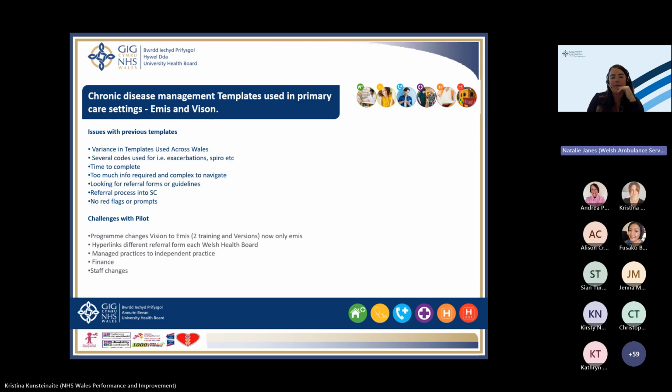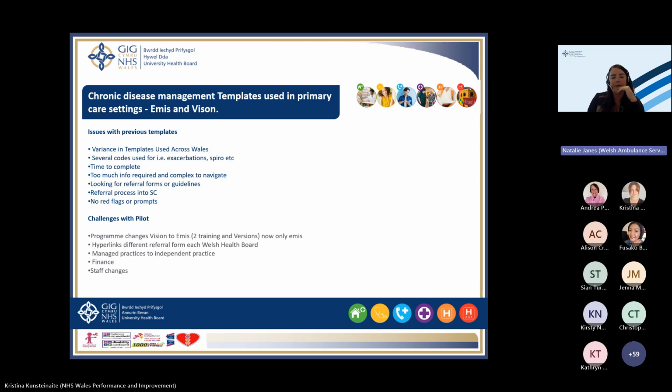As I said, the hyperlinks within the system are different depending on each health board. As a network, we're trying to unify referral forms so that it makes the process easier, but each health board will have its own hyperlinks, which will be different. So this caused some challenges when we originally set up.